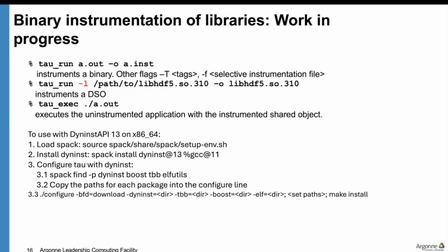We have also made some progress in binary instrumentation of libraries, and this allows us to instrument the application's library usage. So if the application was compiled and using HDF5, we could rewrite the HDF5 library, not touch the application executable, and change the path to use the instrumented libhdf5 like this.